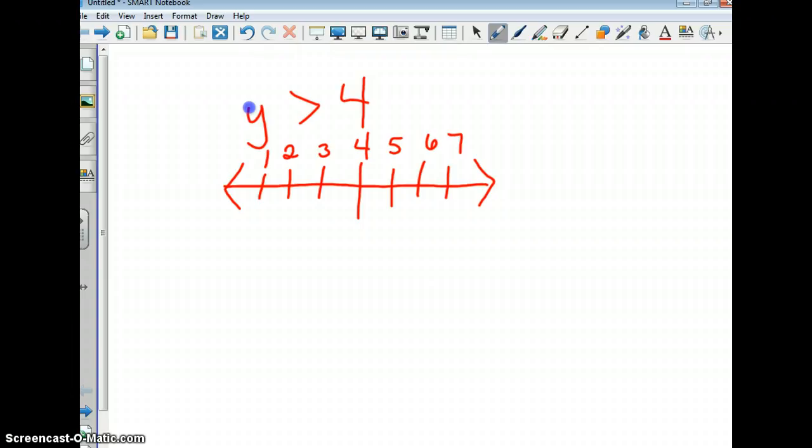Okay? And we all know that between 4 and 5, there's a ton of numbers that could go between there, right? Okay? I could have 4.01. I could have 4.95. I could have, not 9.2, 4.9, 4.3.